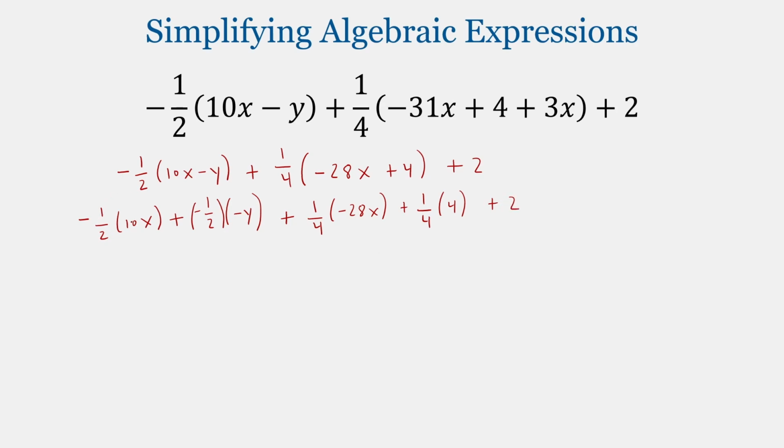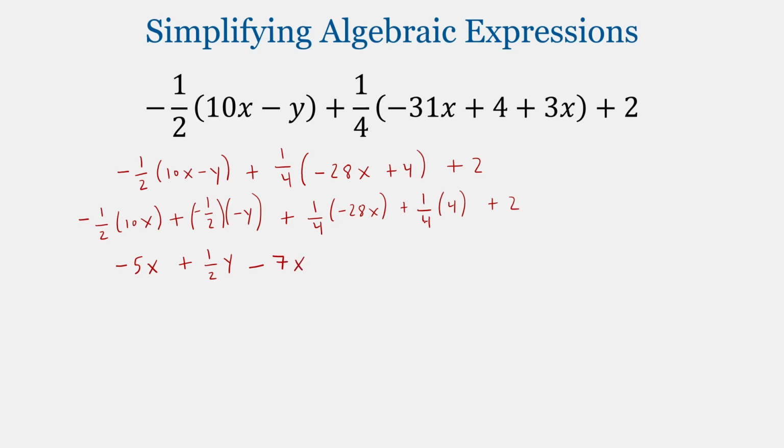So negative 1/2 times 10, that's negative 5x. Then here we have negative 1/2 times negative y, so negative times a negative is a positive, so this is plus 1/2 y. So this is negative 28 divided by 4, so negative 28 divided by 4 is negative 7x.